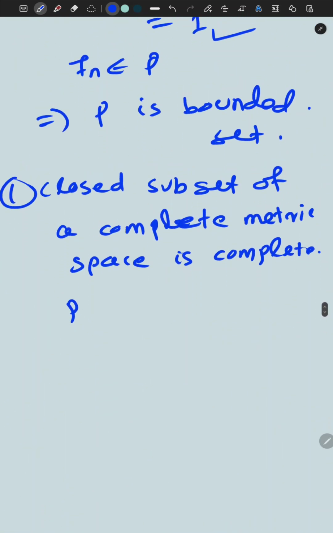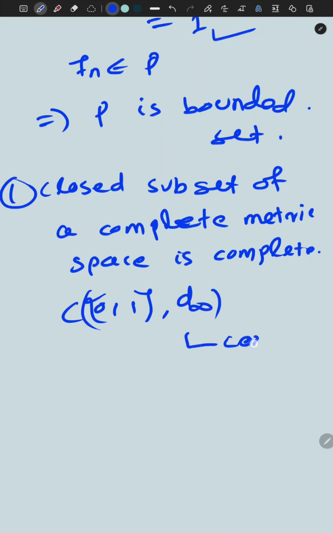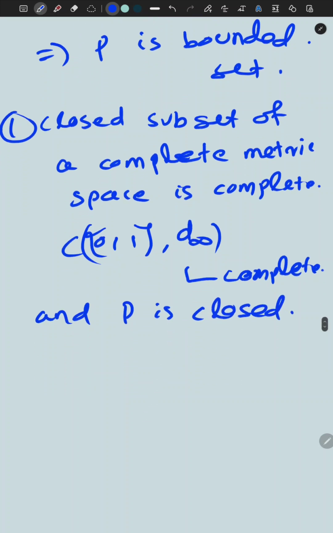Also we know that the continuous function space with respect to the supremum metric is complete, meaning C[0,1] with respect to the d-infinity metric is complete. And P is closed. So result 1 implies P is complete.